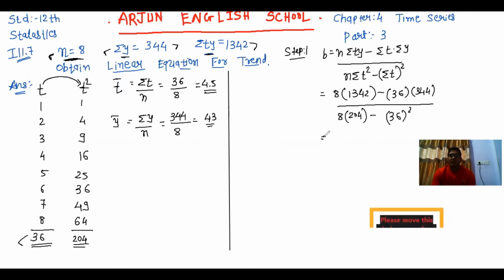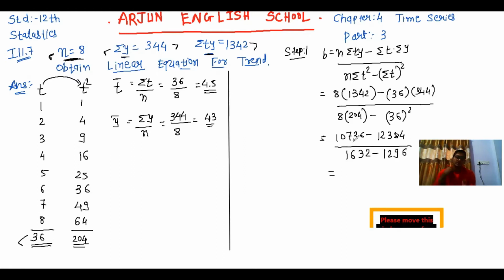Okay, we have already studied this type of formula. Now multiply 8 into 1342, answer is 10736, minus 36 into 344, 12384, divided by 8 multiplied by 204, 1632, minus square of 36, which is 1296.